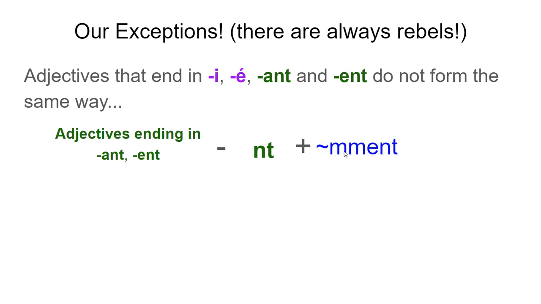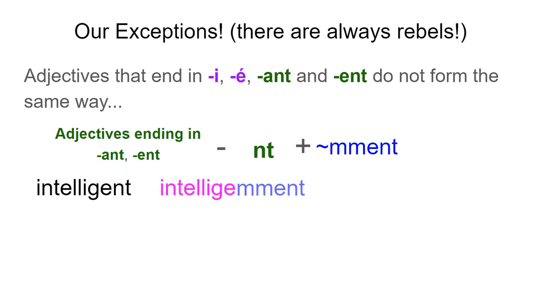Okay, so the MENT is still there. We're just adding an extra M. So a couple of examples for you. Intelligent, intelligent. Well, I'm going to go ahead and drop off that NT, add MENT for intelligemment, which is the equivalent to intelligently.